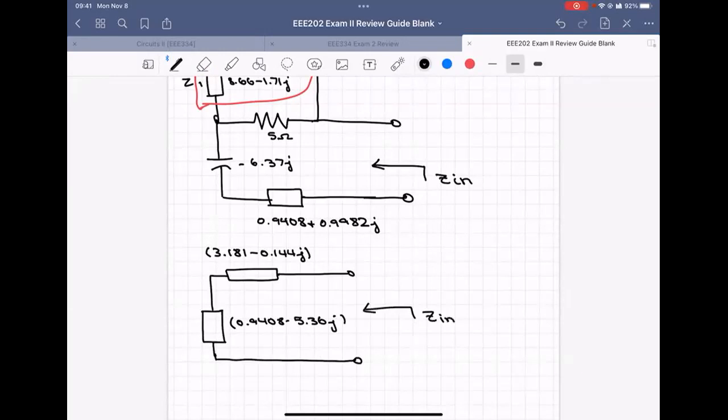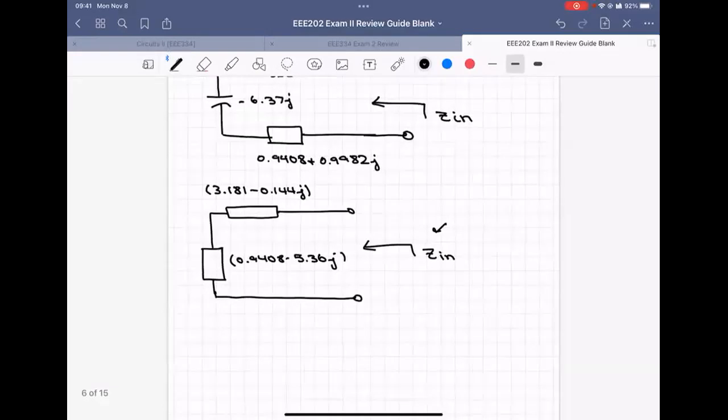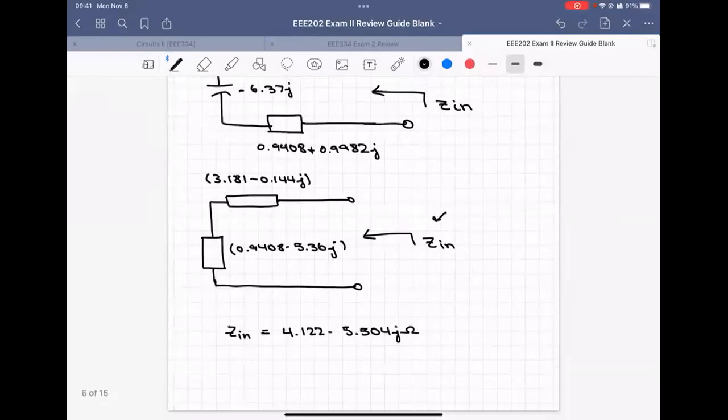Along all your steps, don't forget to write your Z in, so we know what we're solving for and why we're doing this. Then you add these in series, and you'll get your final Z in of 4.122 minus 5.504 J ohms.